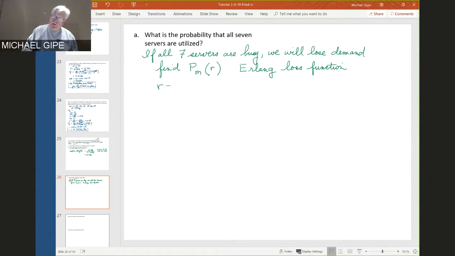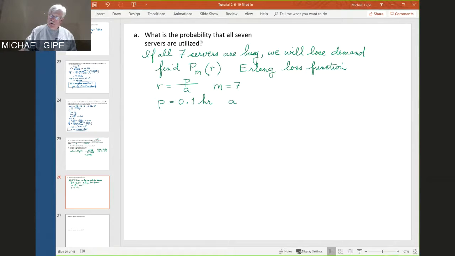R is basically the ratio between the processing time and the inter-arrival time. It's just a parameter, the ratio of those, that's used in this loss function. M is 7. We know we have 7 servers. And the processing time is 0.1 hours.